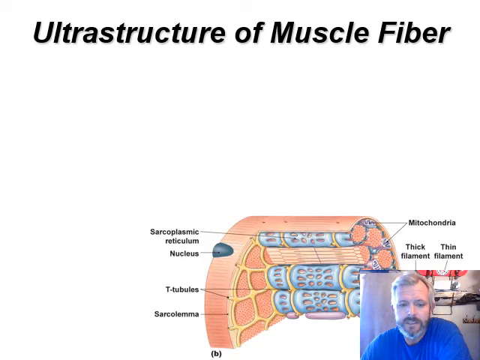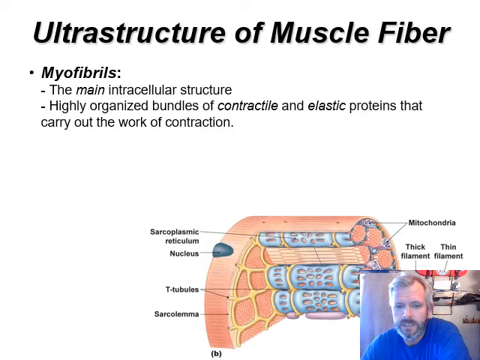Now diving deeper into the structure of the muscle, this is a cut of an individual muscle fiber. So one cell we're looking at here, and you can see that this muscle fiber cell has these multiple cylindrical structures here. There are multiple of them, these are the myofibrils.